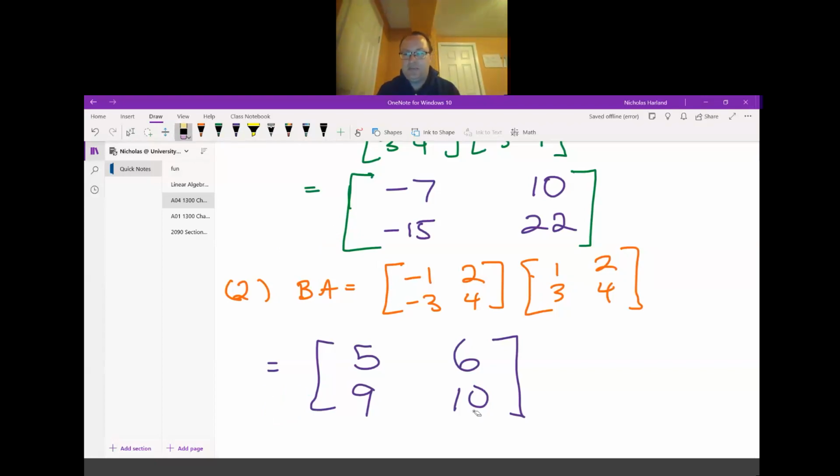So keep that in mind when we're starting to work our way through these. Matrix multiplication is not commutative. You can't switch the order of any matrix multiplication from here on in. You can switch the order of addition, but you can't switch the order of any multiplying of matrices. All right, we'll see more examples of this next week. If you have any questions, let me know. If not, have a good day.